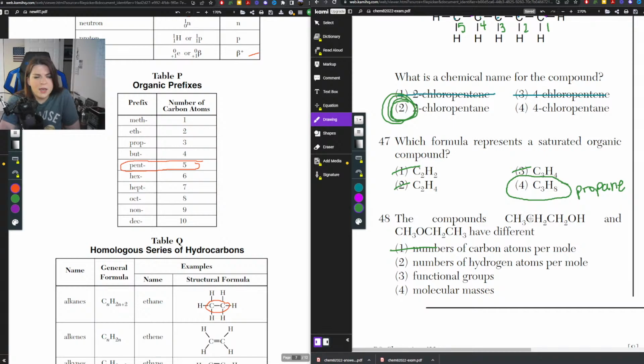They each have 8 hydrogens, right? 3, 4, 5, 6, 7, 8. Yes, they each have 8 hydrogens. The answer is functional groups. They each have 1 oxygen. So considering that they have the same number of everything, they have to have the same mass.